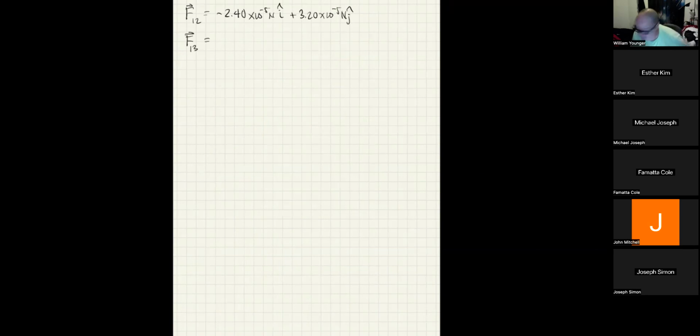The F13 is going to be, here's where I use my calculator. I'm going to go ahead and take 5 and divide it by the square root of 41. 5 divided by square root 41 is equal to 0.7808.